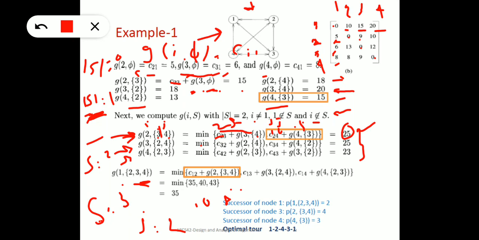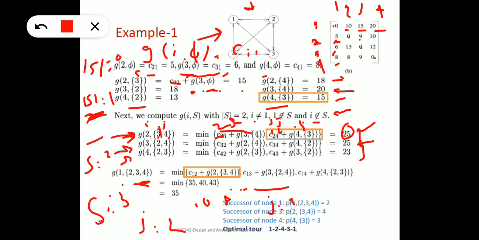So similarly, the next term here will be C of ij. j's value now becomes equal to 3. So C of 1, 3 plus g of 3 comma, excluding 3 from the set, you have 2, 4. So C of 1, 3 from the adjacency matrix is 6 plus g of 3, 2, 4. You get it from the previous step and its value is 25.